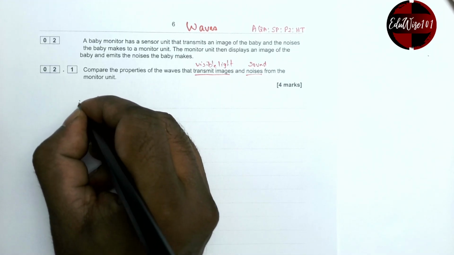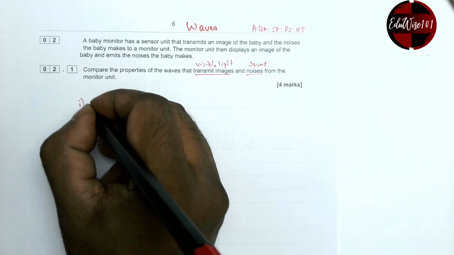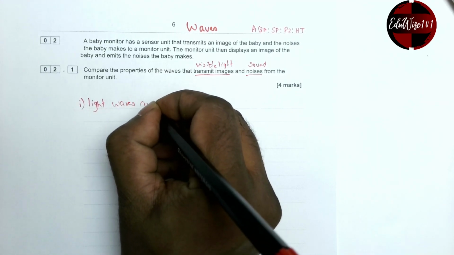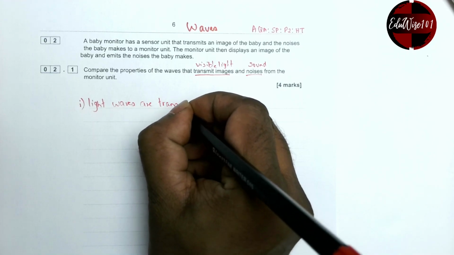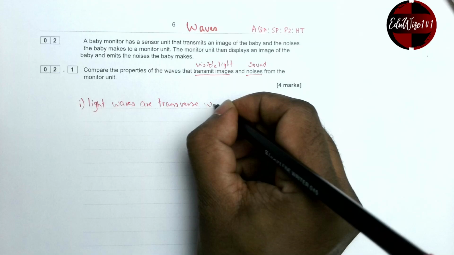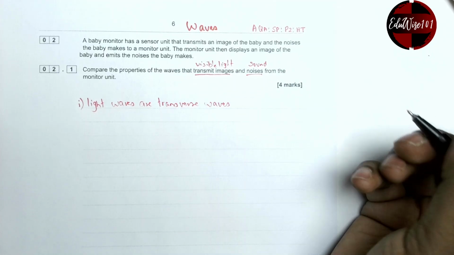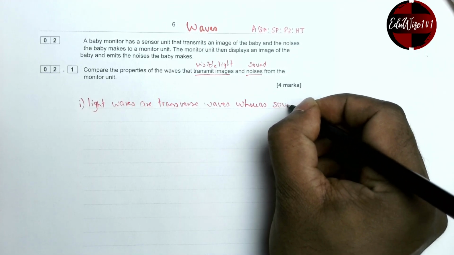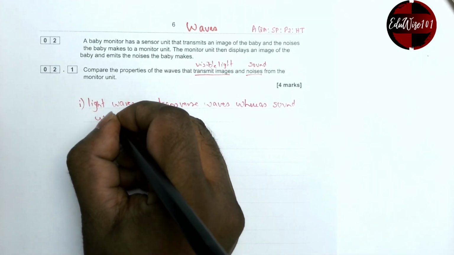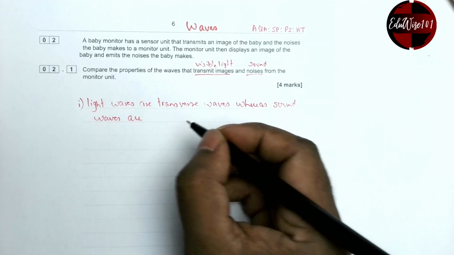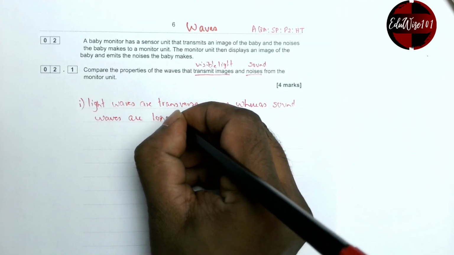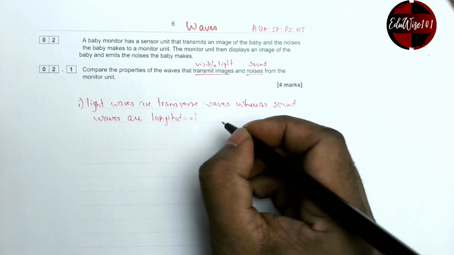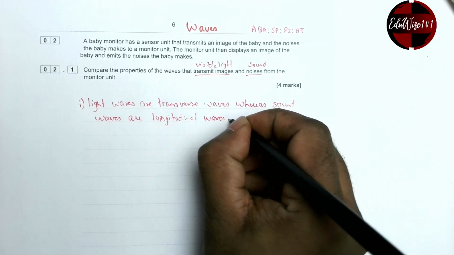So first point, light waves are transverse waves, whereas sound waves are longitudinal waves.